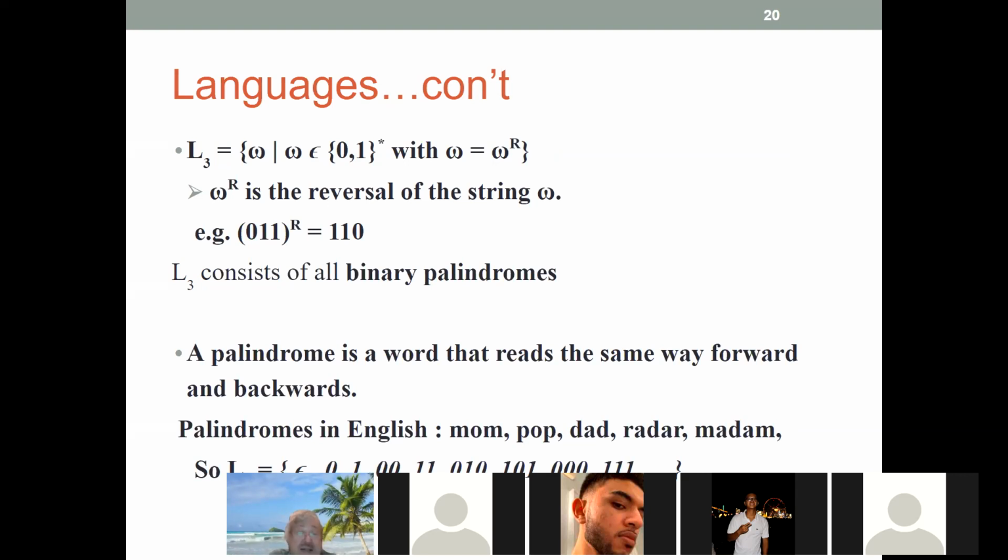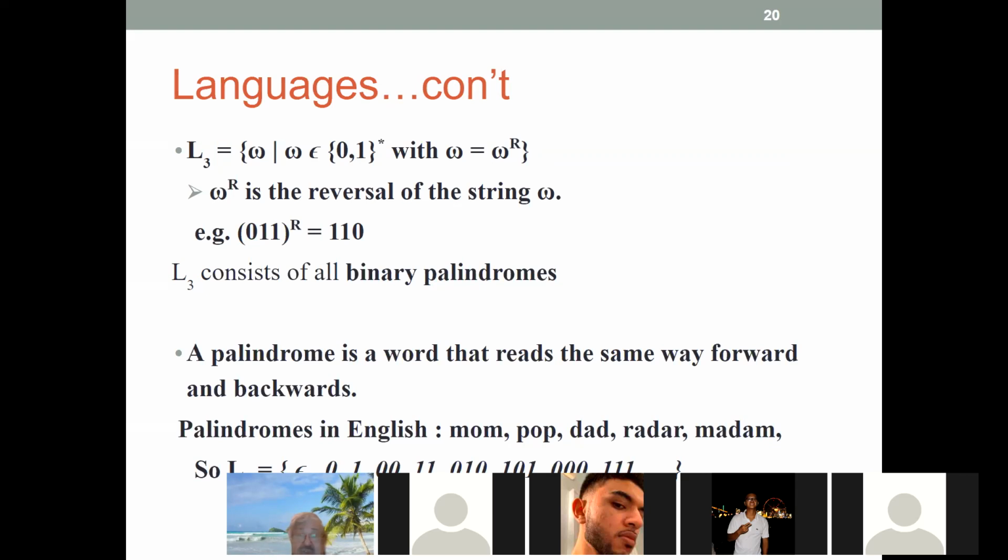Okay, so a palindrome is a word that reads the same way forward and backwards. Palindromes in English, all right, did I say dad? Who knows? Madam. So L3, binary palindromes, careful. Epsilon. And don't write the epsilon backwards. That's not epsilon, that's some other symbol. So epsilon, 0, 1, you got the idea.